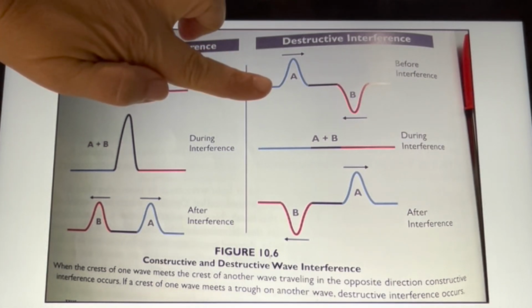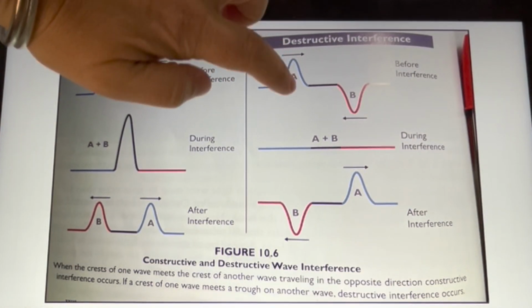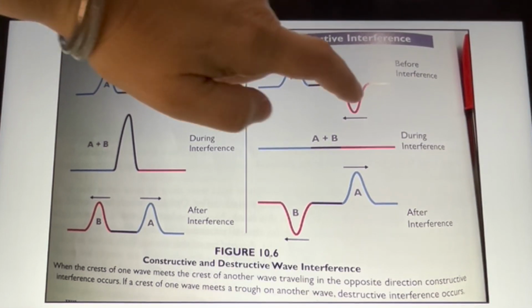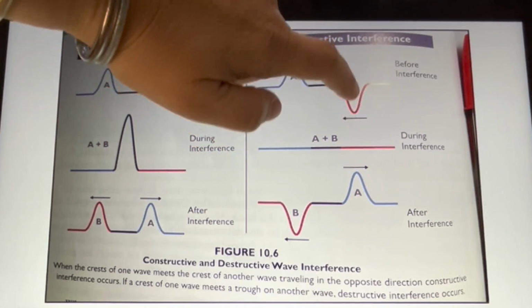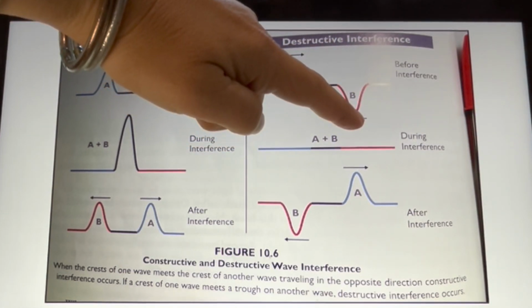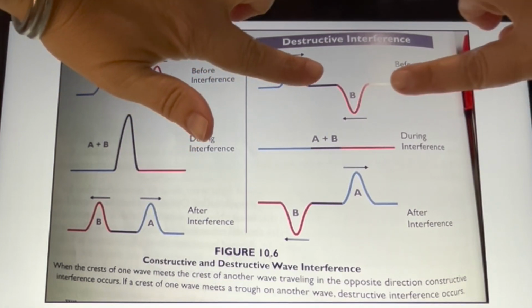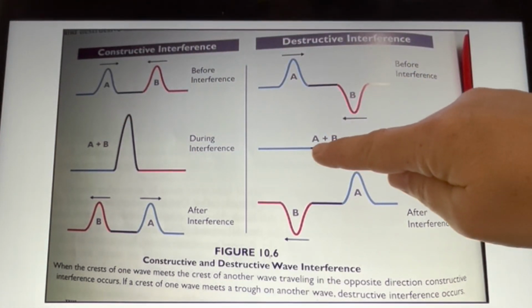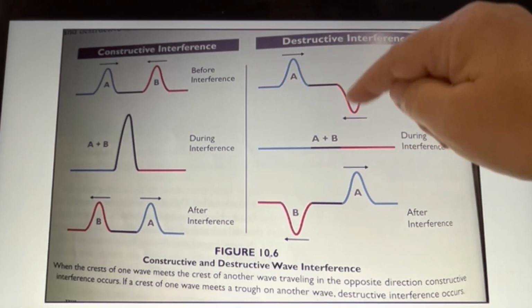All right, so if we have this A and the crest of this A is the same as the trough or the amplitude of this B wave, as this one goes this way and this one goes this way, they just cancel each other out. They have the same, equal, and opposite amplitude.